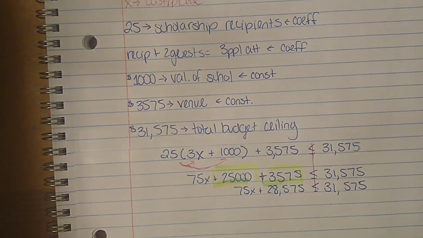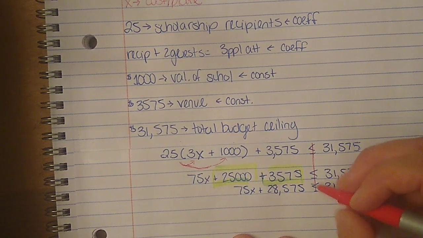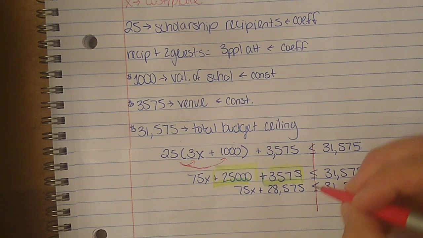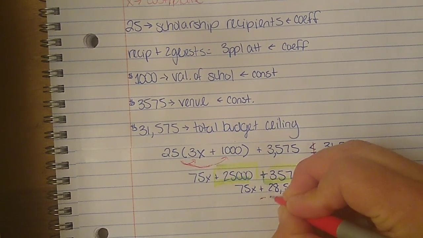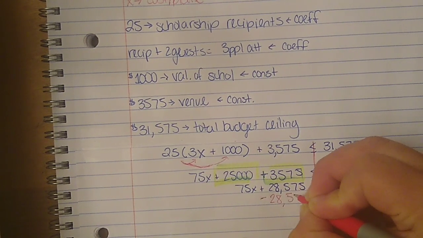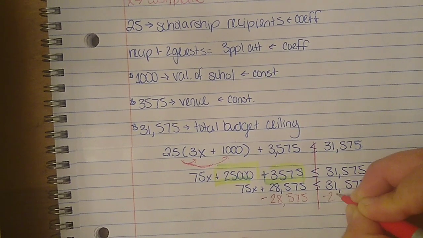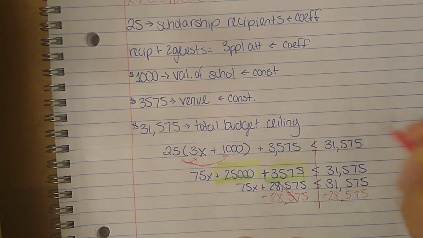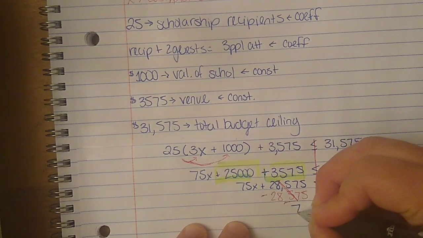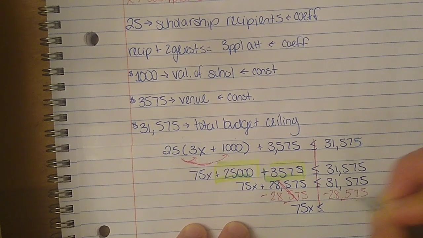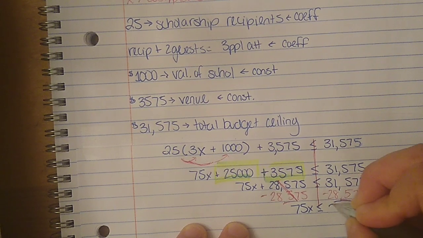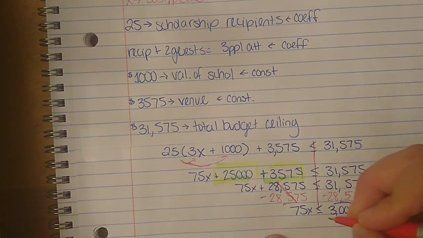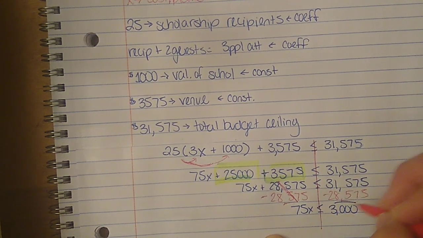We now have a two-step inequality, so we're getting into the place where we know, okay, let's just follow the reverse order of operations. We are going to deal with additions or subtractions first. I see an addition. I'm going to subtract that 28,575 from both sides of my inequality. They will cancel out. 75x now gets to come down to the next level, and this gives me 31,575 minus 28,575, which is 3,000.